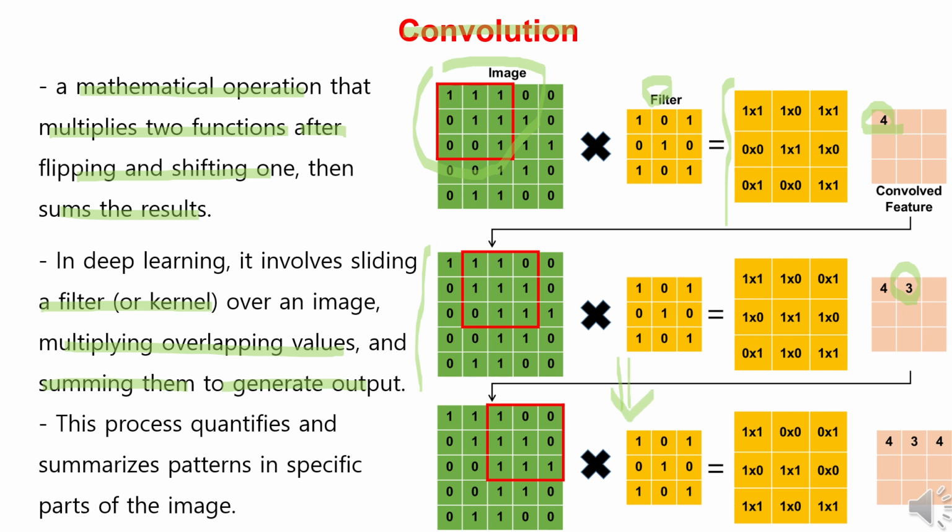Through this operation, CNN can turn patterns found in certain parts of the image into numerical summaries. In short, convolution helps transform complex image data into meaningful features that the model can understand and use.